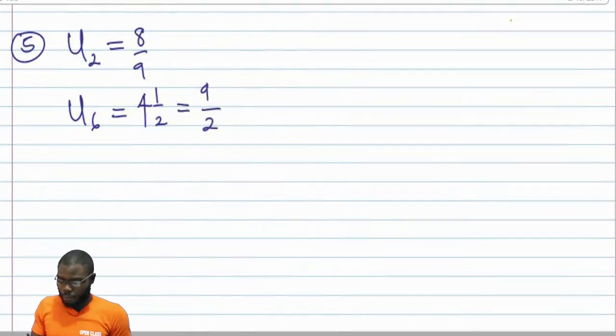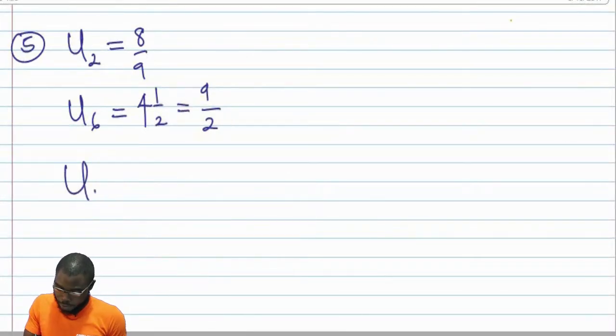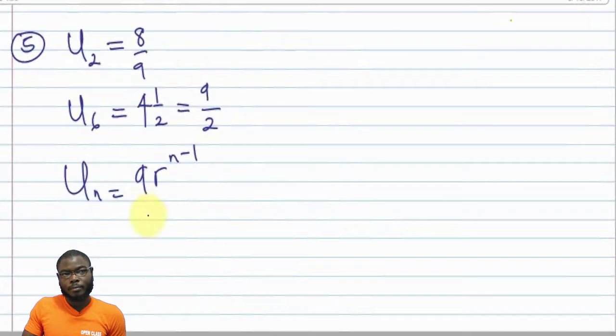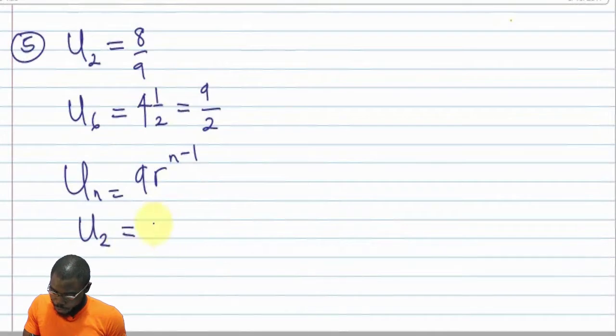Now remember, in your geometric progression, you have Un equals A R raised to the power n minus 1, where A is the first term, R is the common ratio, and n is the number of the term. So if you have U2, it equals A times R to the power 2 minus 1, which is the same thing as AR, because 2 minus 1 is 1.